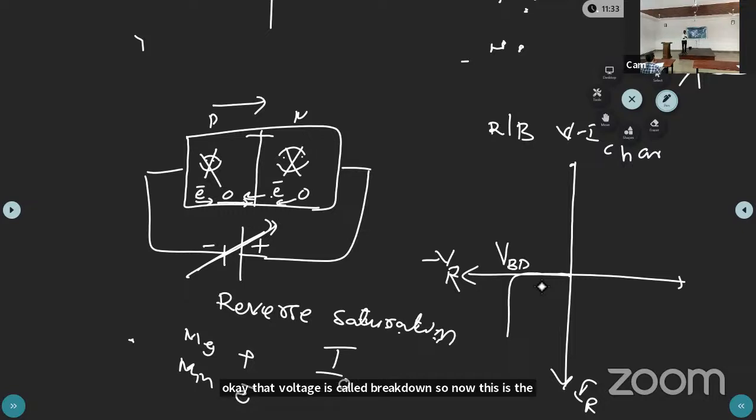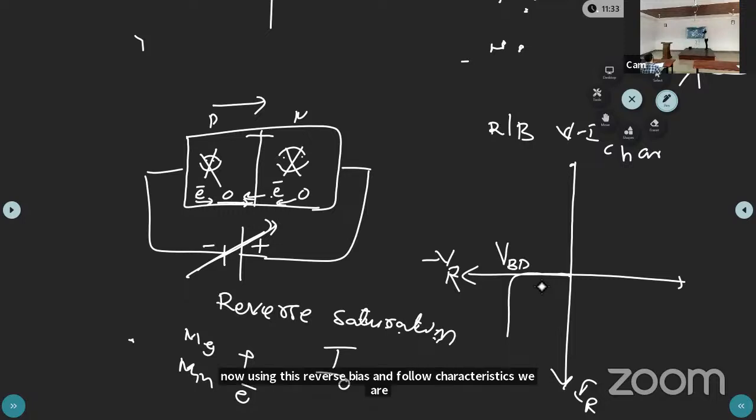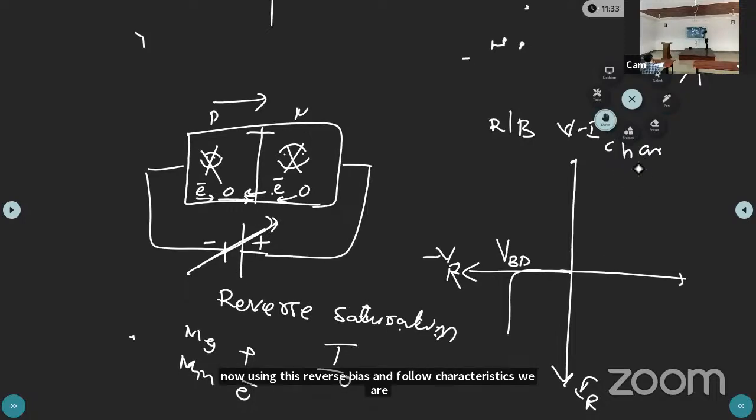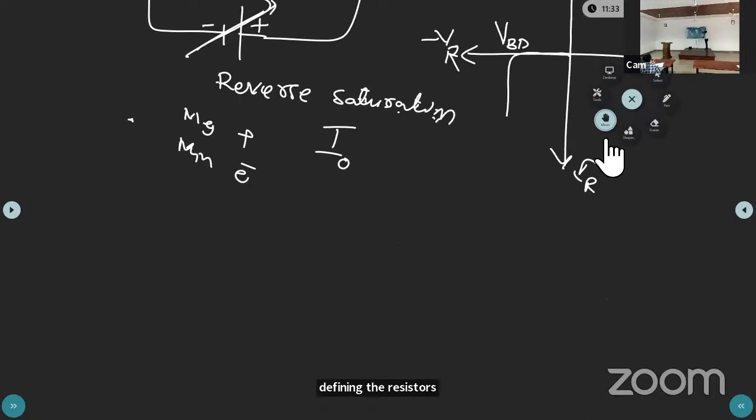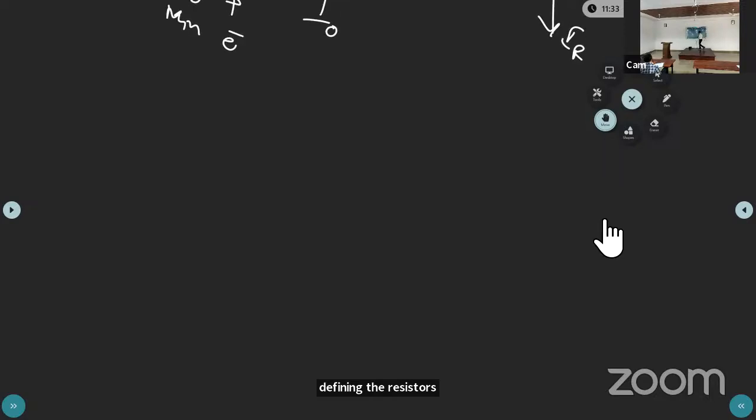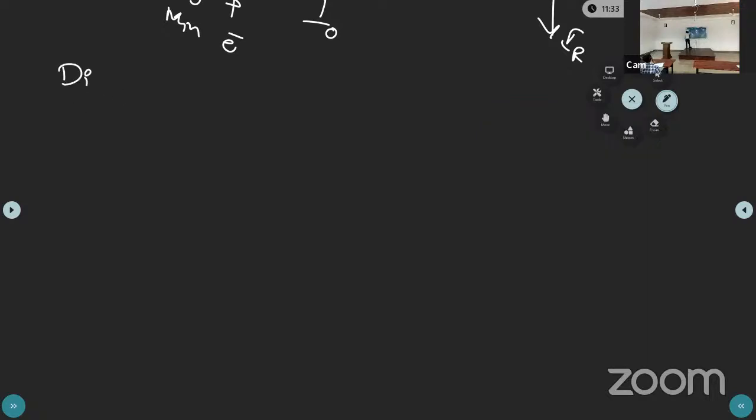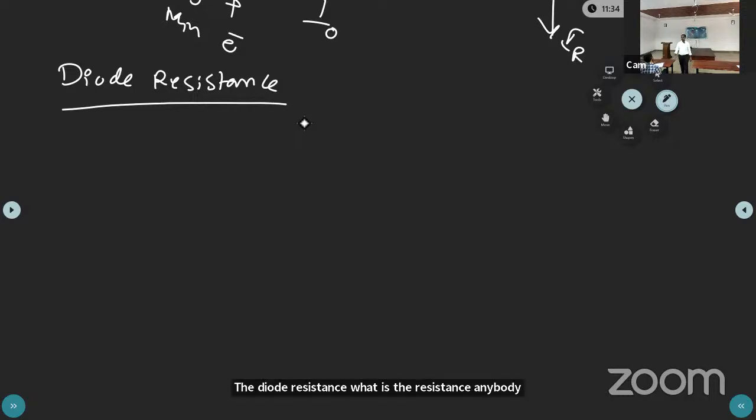Okay, now using these reverse bias and forward characteristics, we are defining the resistances. Diode resistance. What is the resistance? Can anybody define the resistance?